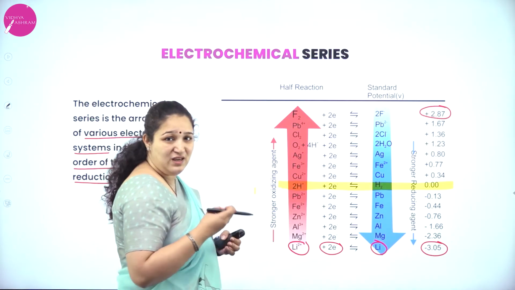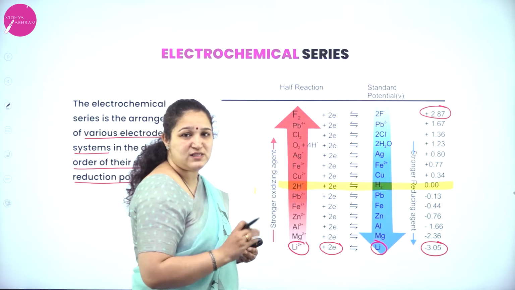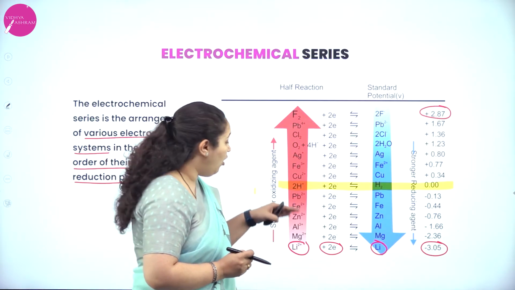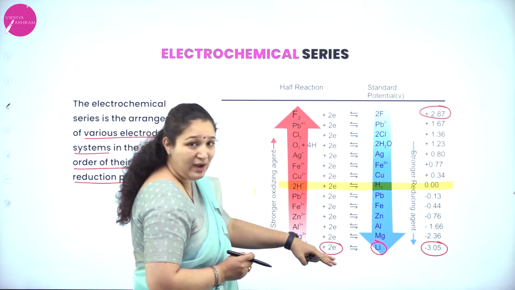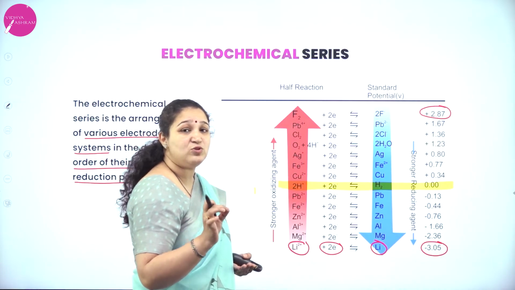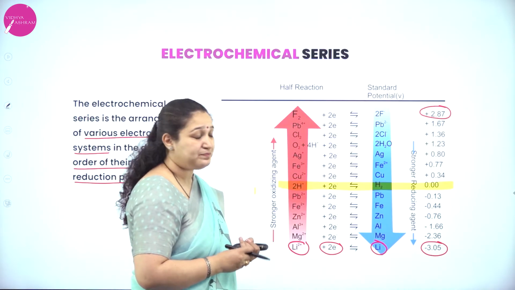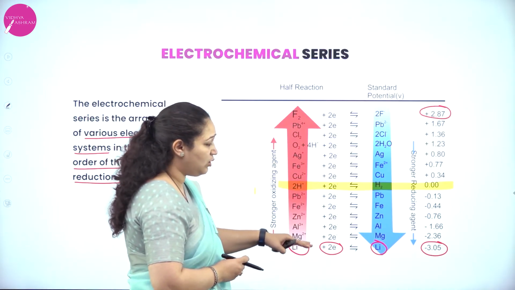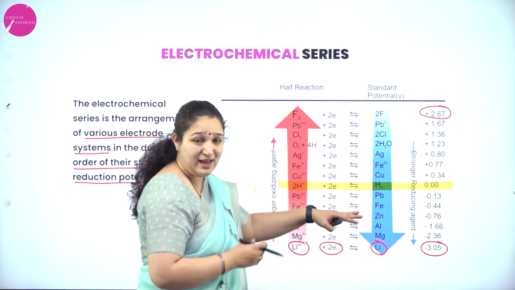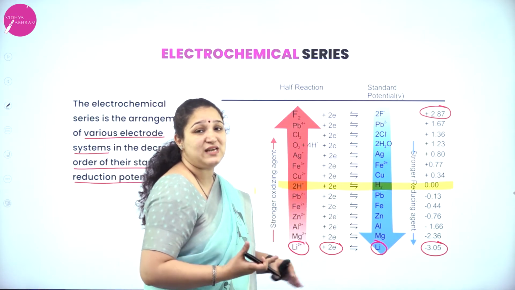So if I take zinc metal and add it to dilute HCl, hydrogen gas will be liberated. All these metals which are below hydrogen can displace hydrogen gas from dilute acids. Okay. Also, as we come down, the oxides of the metals are more stable.